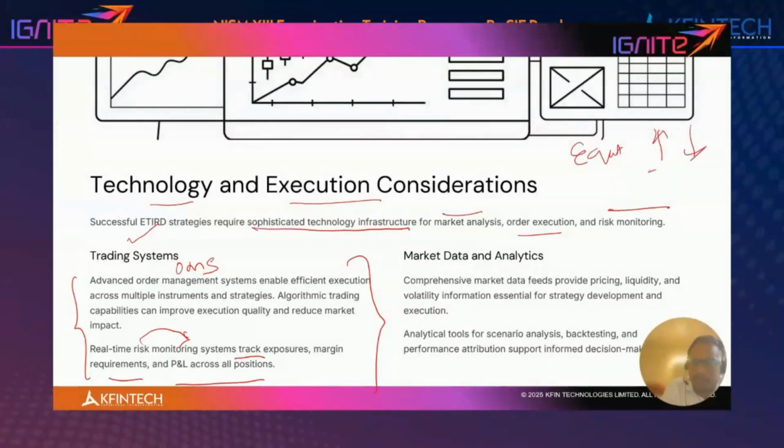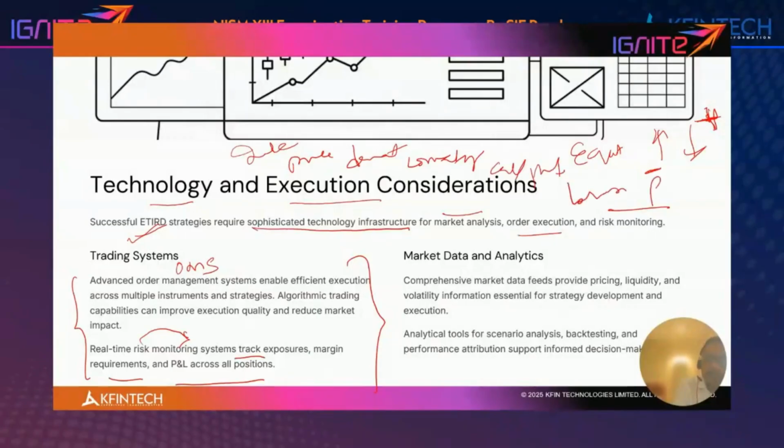Either it will go up or down, and you have to just compute the MTM. In interest rate derivatives, there are a lot of moving parts like interest rate itself, prices, duration, convexity, call or put options, basis risk, futures risk. So those too many moving parts. So it requires a sophisticated system.